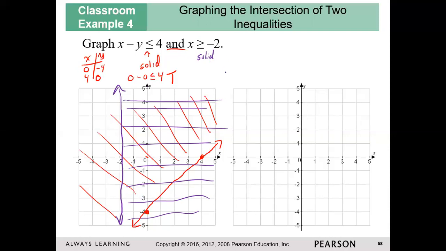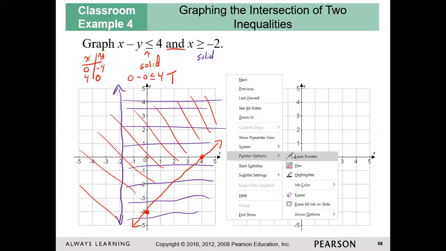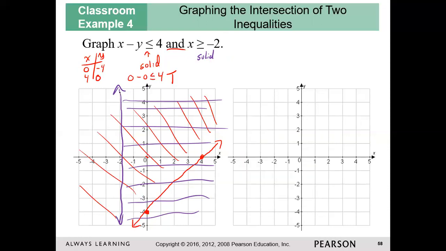And now we care about where the shaded regions overlap each other. So what I'm going to do now is pull in one more color here to see if I can highlight exactly where the shaded regions overlap. So the shaded regions overlap in this black here. You can see it right here, and everything in between.